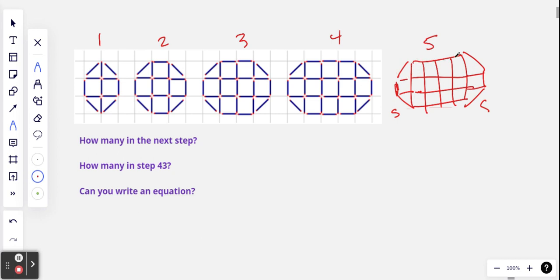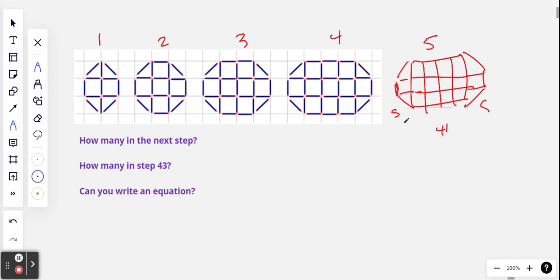I'm going to count the horizontals first and then all the verticals. So 1, 2, 3, 4, 5, 6, 7, 8, 9, 10, 11, 12, 13, 14, 15, 16. That makes sense. 17, 18, 19, 20, 21, 22, 23, 24, 25, 26, 27, 28, 29, 30, 31. So 31 plus 5 plus 5, that is 41 line segments.